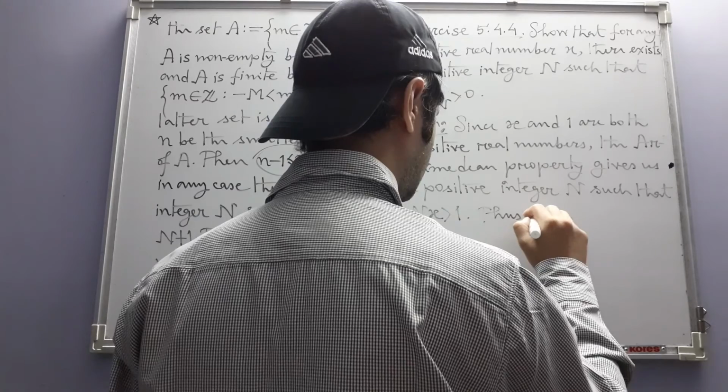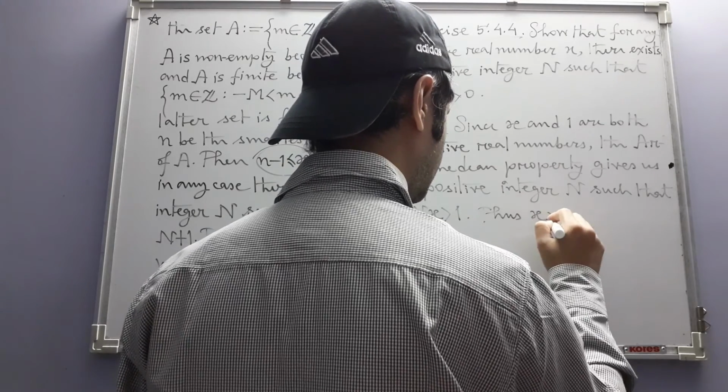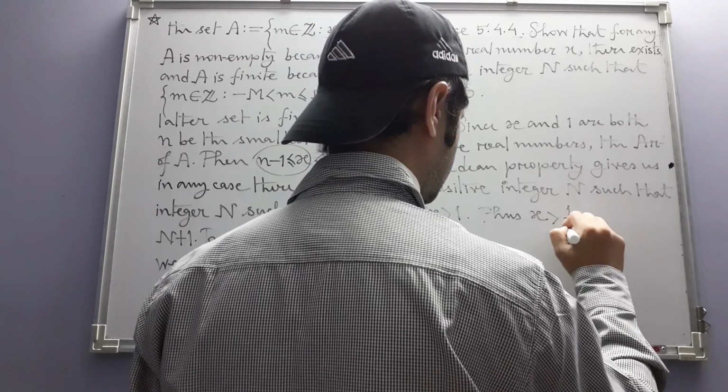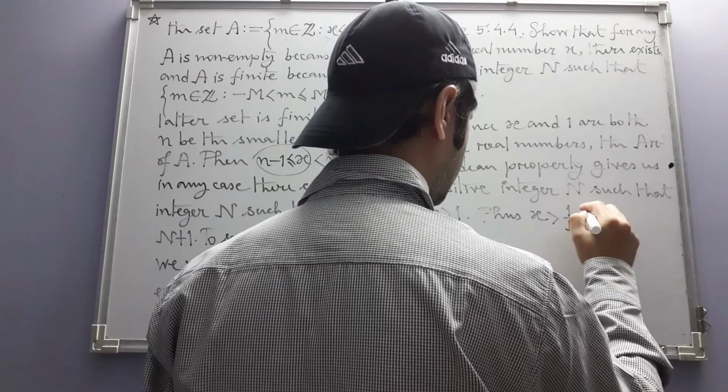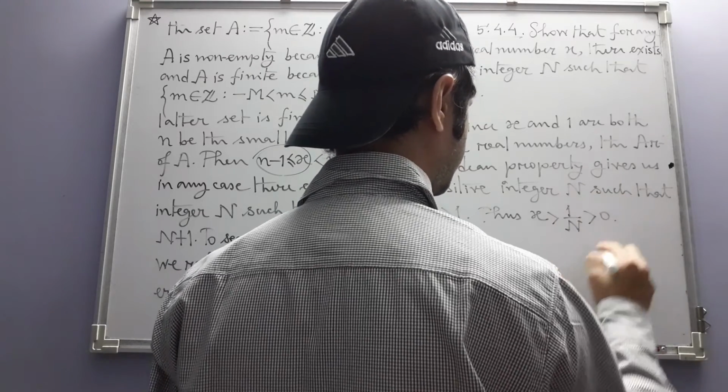Thus, x is greater than 1 over n, and 1 over n clearly is positive.